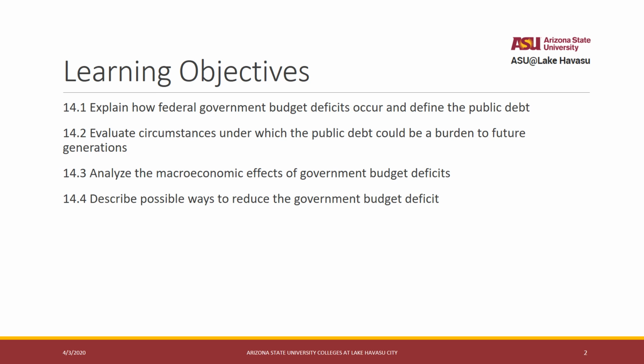The third objective is to analyze the macroeconomic effects of government budget deficits. The fourth objective is to describe the possible ways to reduce the government budget deficit. We'll discuss each objective one by one.